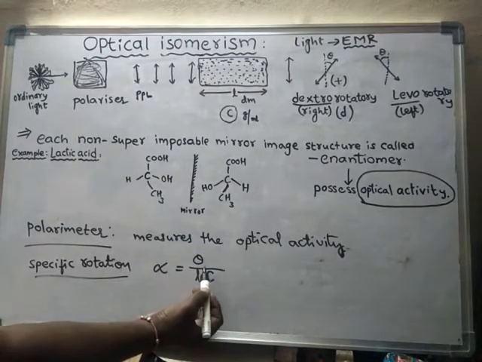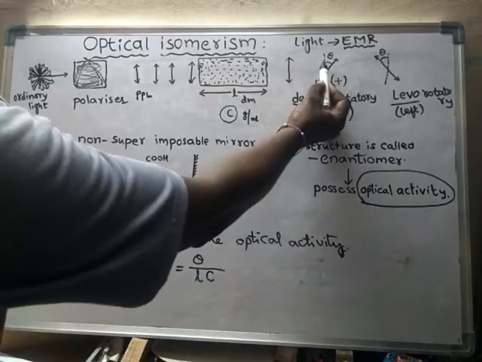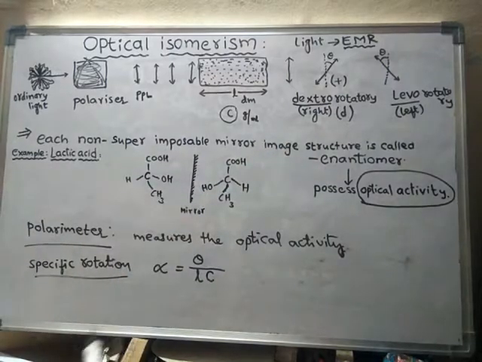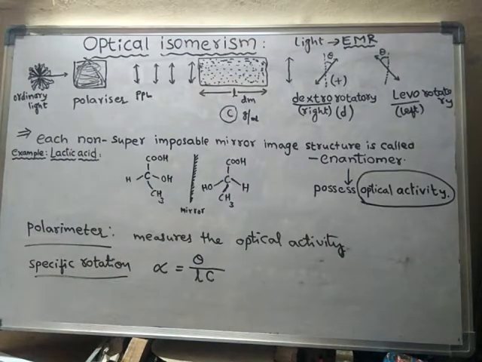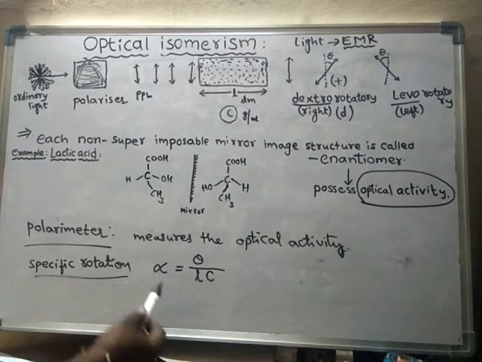Theta is said to be the observed rotation, but it varies with the concentration of the same substance, and with the length of the tube also the theta value will vary. So that is why we have to take this value.